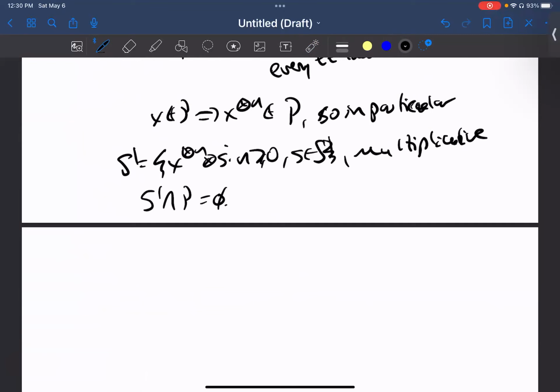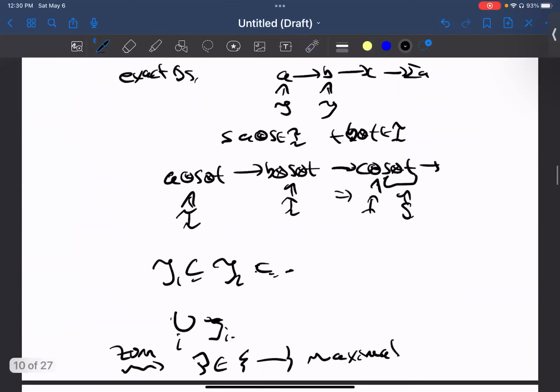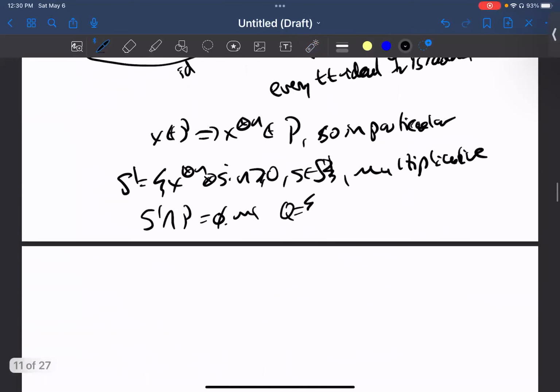So that means that we can take another ideal Q, similarly to how we defined J up here, to be the set of those Z in K such that Z tensor S is an element of P for some S in S prime.